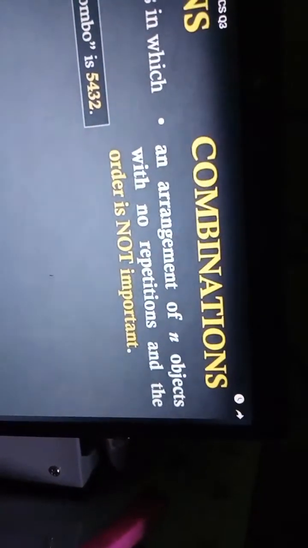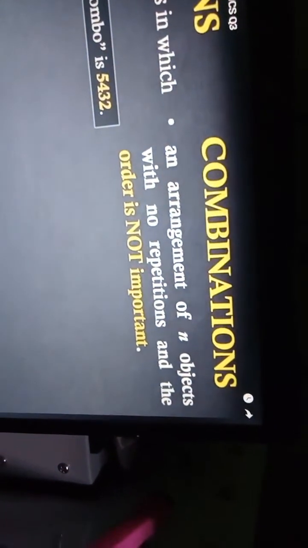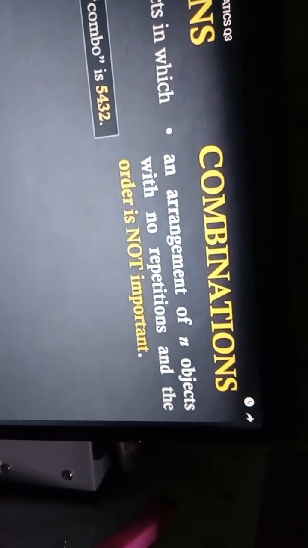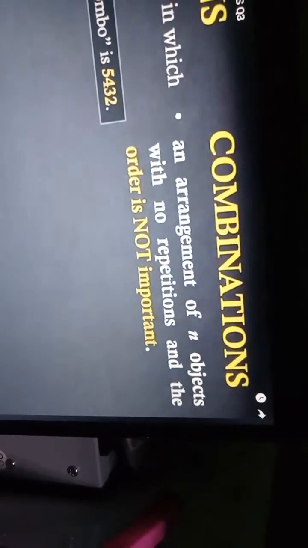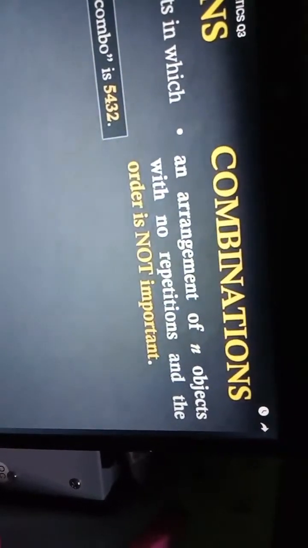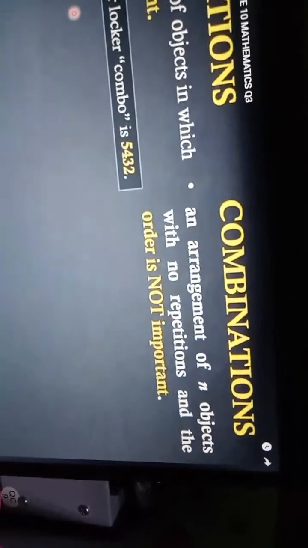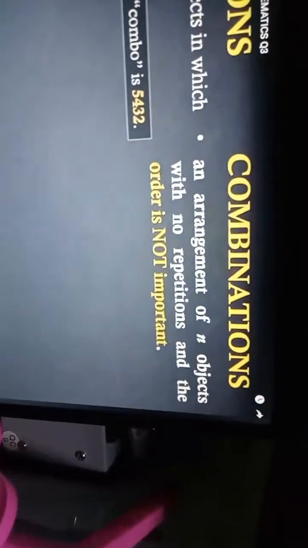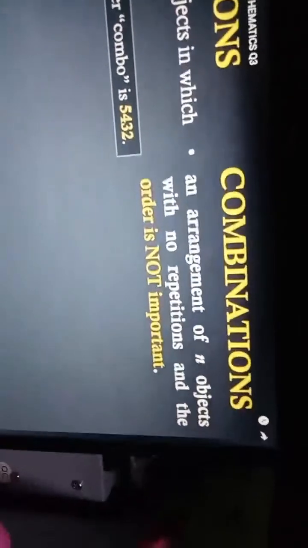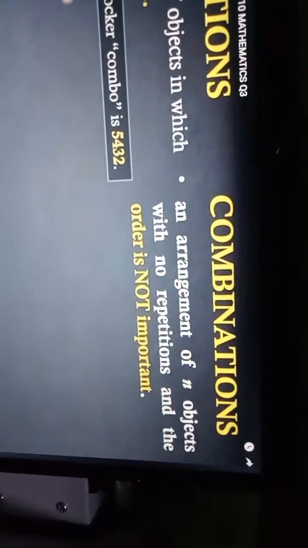Synonymous words with combine are fusion, mixing, mix. Those are synonymous with the word combinations. And the combination is represented by the capital letter C.